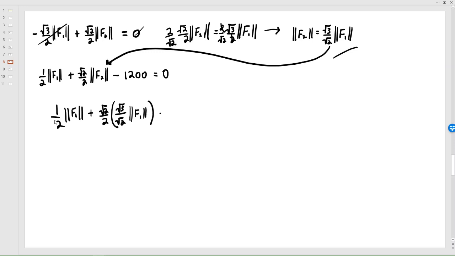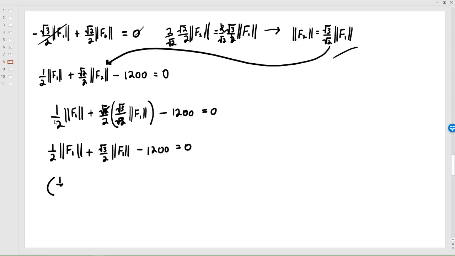And we have minus 1200 equals 0. Alright, so we're just cleaning this up now. So that's going to divide out, and we end up with this term, square root of 3 over 2 magnitude F1, and this is minus 1200 equals 0. So we're going to combine our like terms here.